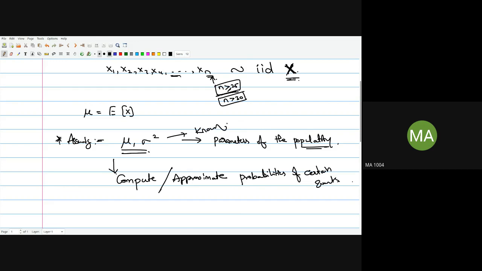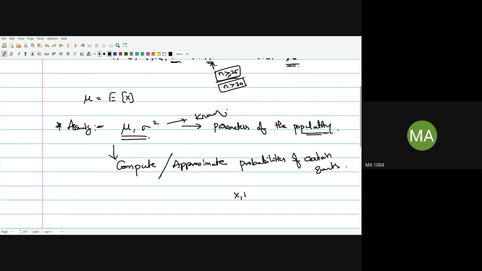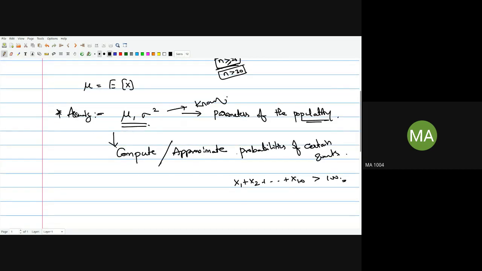Certain events, whatever they may be; we have seen a question just now, right? It may be an event like this. Of certain events, we are going to compute or approximate the probabilities. How we can compute is using the weak law of large numbers or CLT. We will compute or approximate the probabilities.